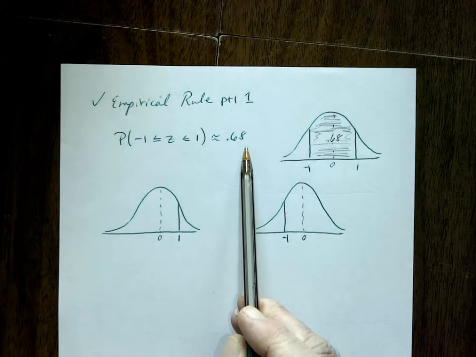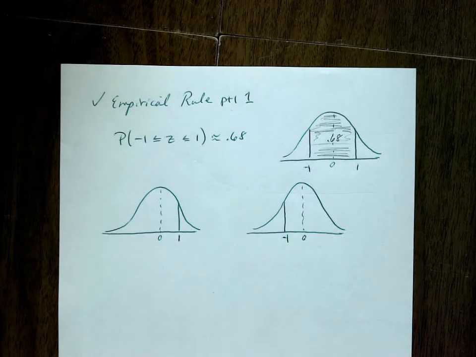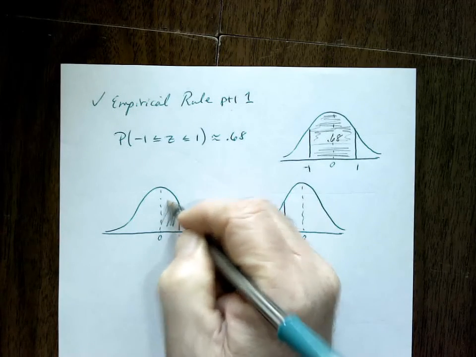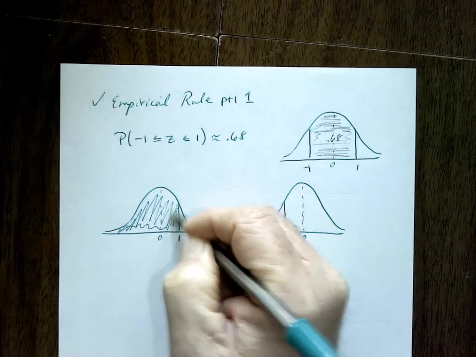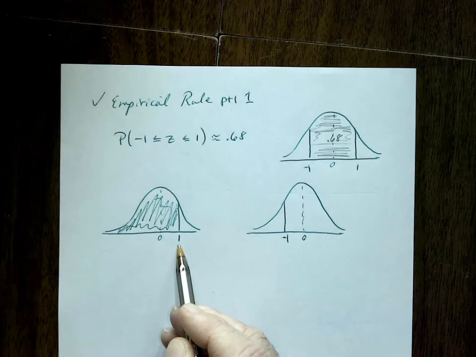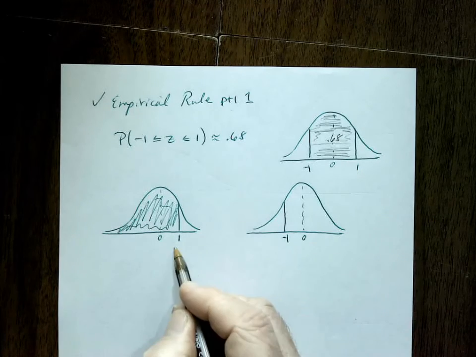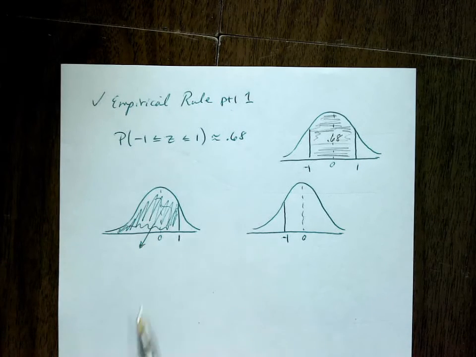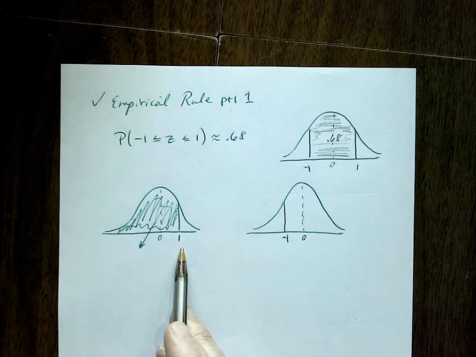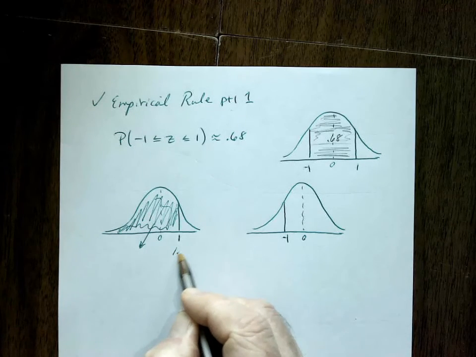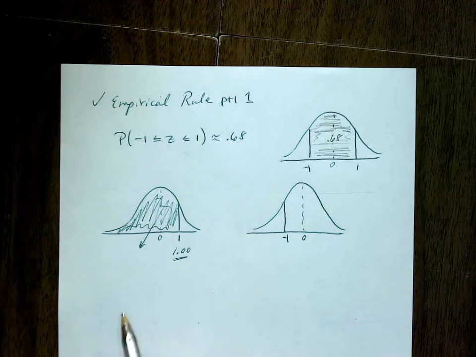So the probability that Z is between negative 1 and 1, we should have about 68%. Well, let's check it. Here we go. We know if we look up this area, we look up 1 in our chart, we would get this area, which of course is more than I want. So let's look that up. So look up 1.0. So actually what we're looking up is 1.00 in our chart.